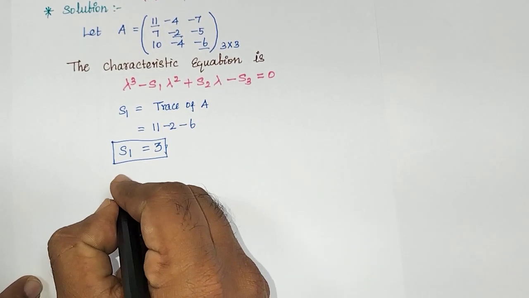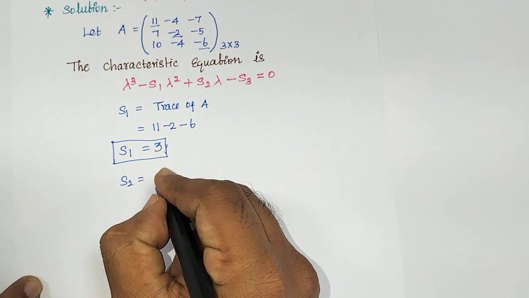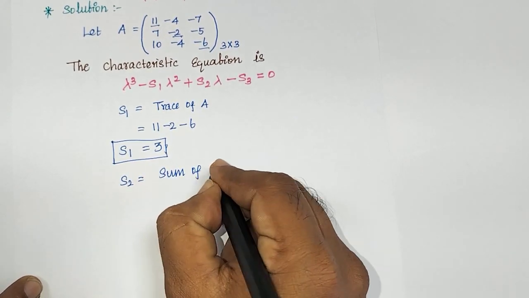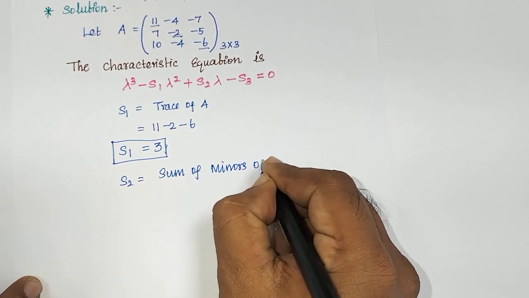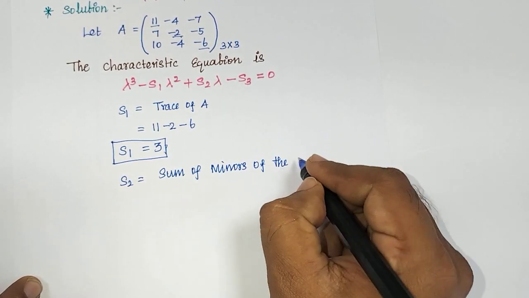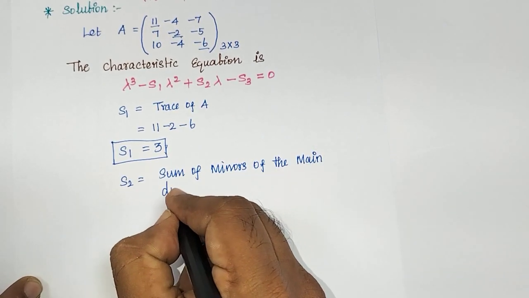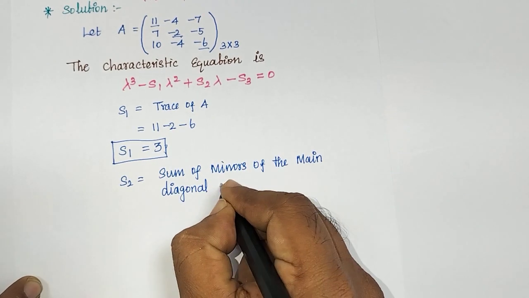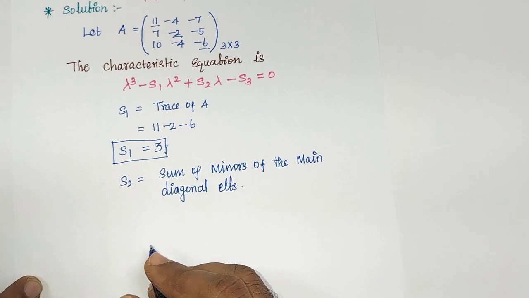Next I am going to find S2. How to find S2? S2 is the sum of the minors of the main diagonal elements.